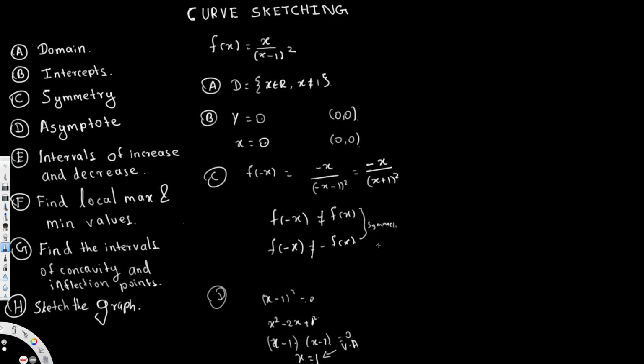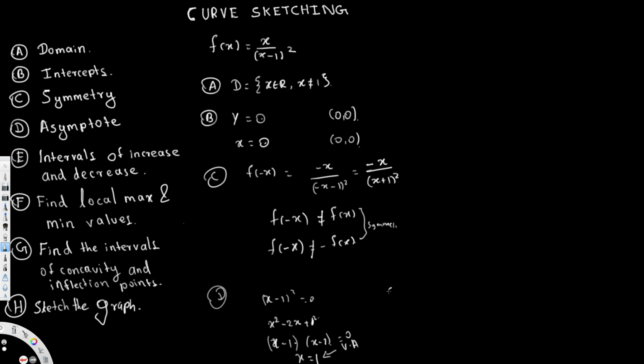Then I have to find the horizontal asymptote. To find the horizontal asymptote, I find the y value when the limit of x approaches infinity. That's going to give us the horizontal asymptote. Let's see what we get if we plug in infinity. To do that, I have to expand the bottom part, which is already expanded right here.